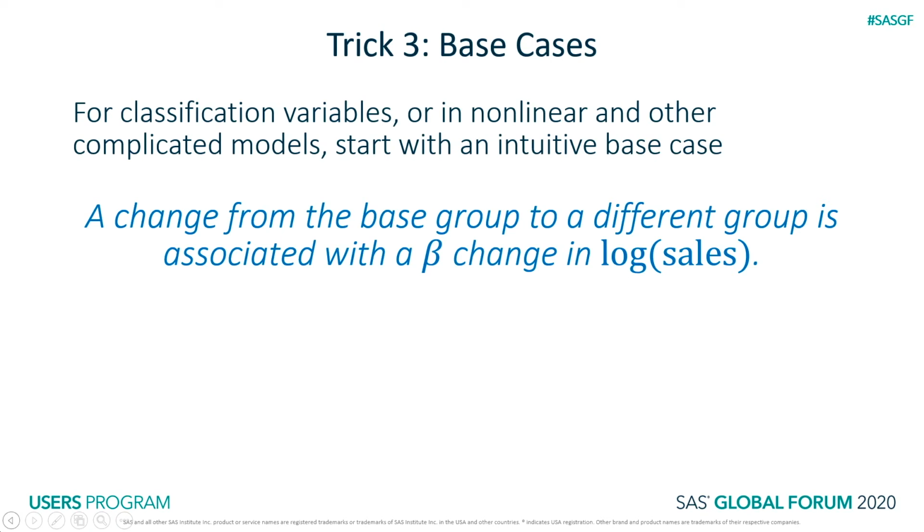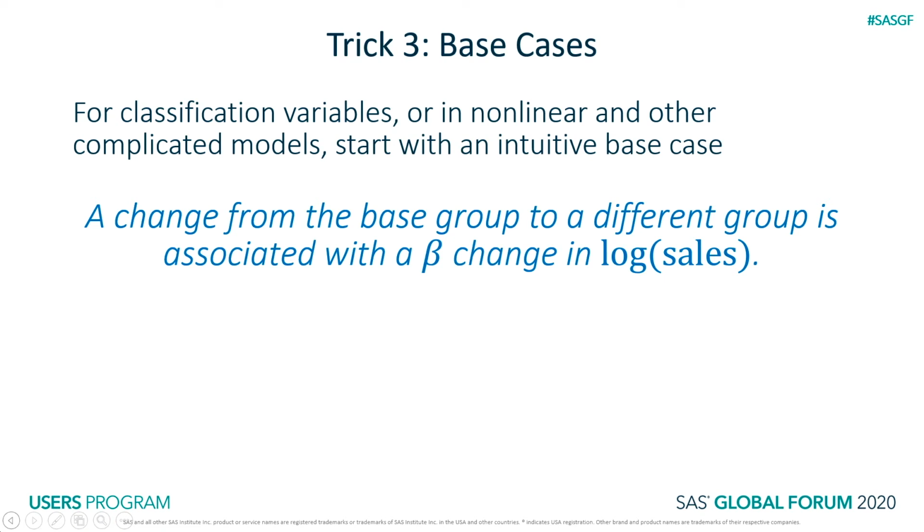Start with a base case and deviate from that base case and think about how that impacts the response. Nonlinear models where the impact of the covariate depends on the other covariates. This is very useful. So in this case, for just a categorical variable in a linear regression model, a change from the base group to a different group is associated with a beta change in the log sales response variable. That's how we interpret it.